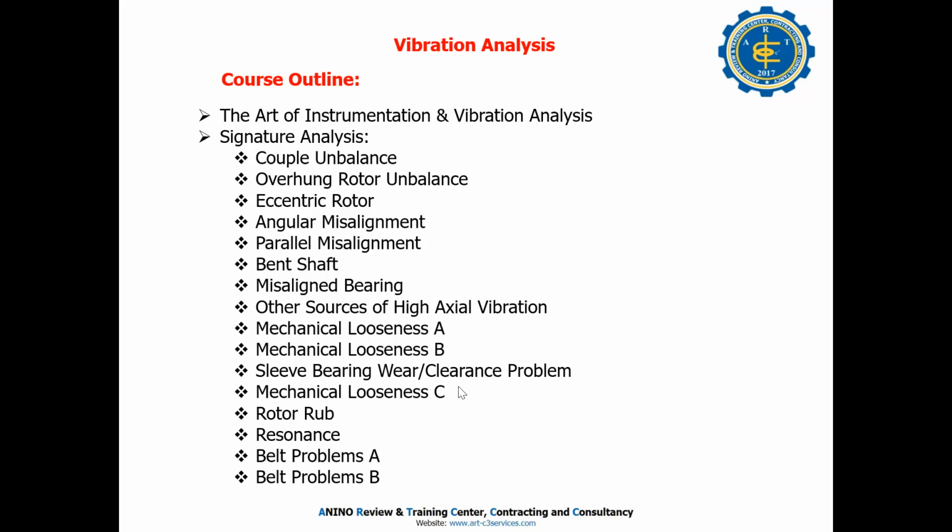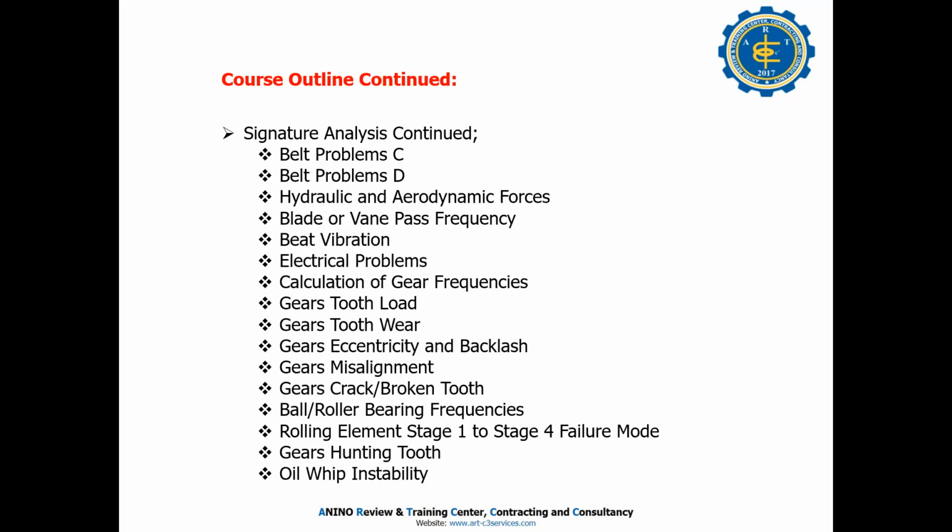So mechanical looseness, A and B. We also have sleeve bearing wear, clearance problem, mechanical looseness C. Then rotor rub, resonance, belt problems A and B, and also C and D for the belt problems. We have also hydraulic and aerodynamic forces.